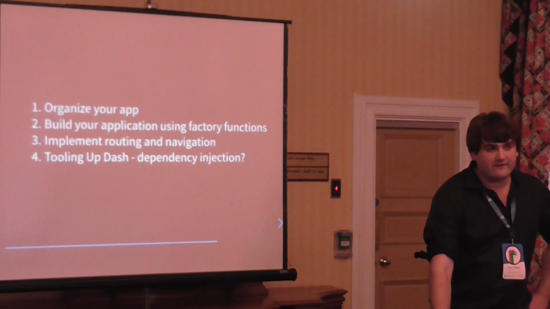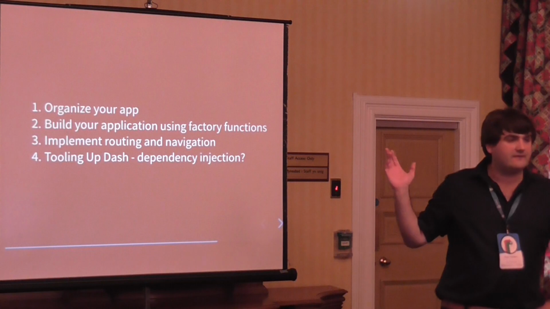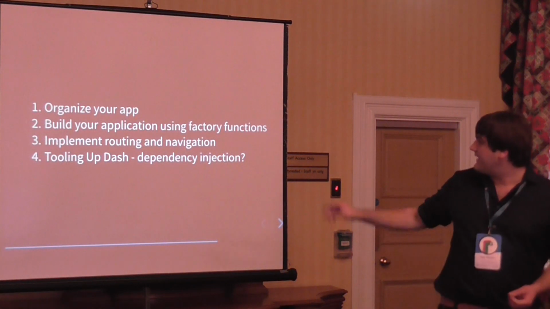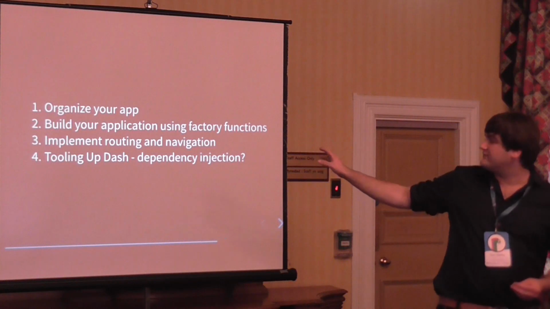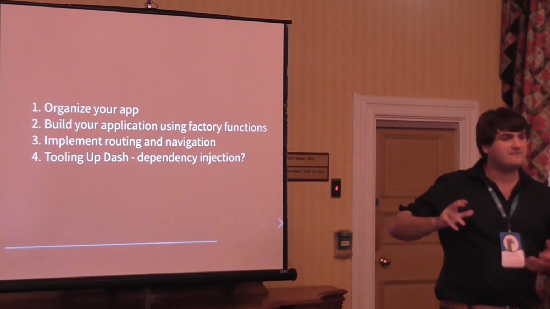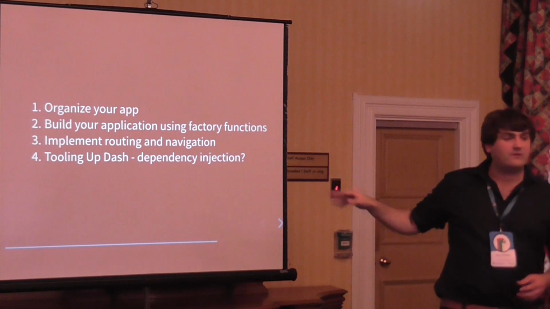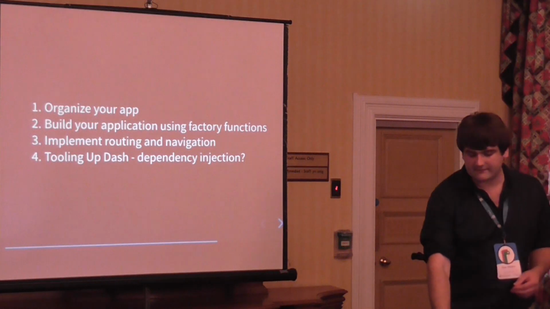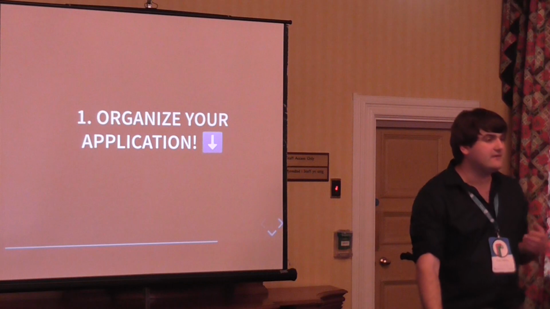The first one might sound very basic: organize your app and actually think about the file structure and how you can separate out concerns. The second is to build it using factory functions and implement some kind of routing or navigation as well. And then the final one is to think about how you can start to tool up Dash to allow your team to go further. The feature that we've developed first at decisionLab is dependency injection. Now, because of time, I won't be able to cover all of those, I'm afraid.